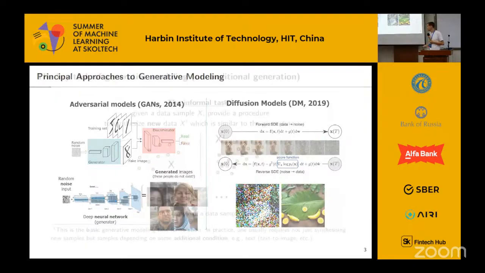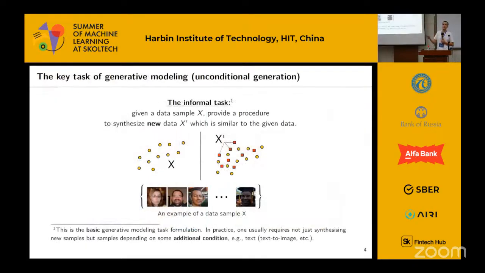The simplest generative modeling problem, which is approached by diffusion models, is the problem of unconditional data generation, which can informally be stated as a problem of resampling your data set. Basically you have some data points, for example, samples of some images, and you would like to provide a procedure which is capable of producing new samples which are similar to the samples in the training data set, but at the same time are new samples.